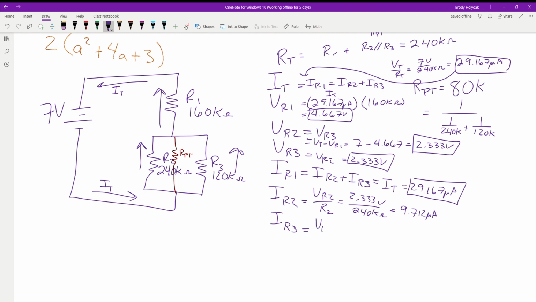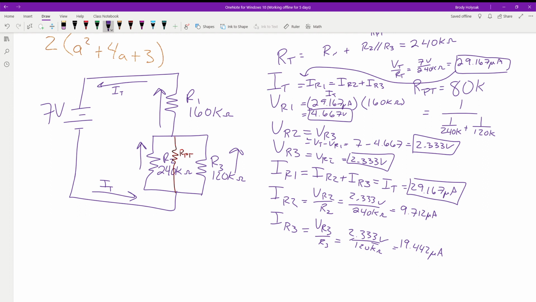IR3 is the voltage drop across R3 and the resistance of R3. So 2.333 volts divided by, exactly, yep.